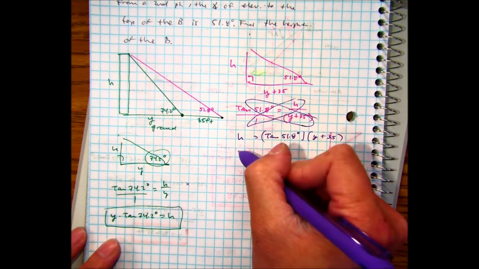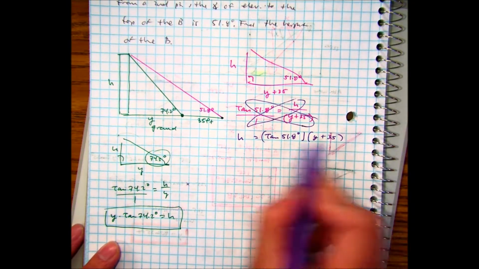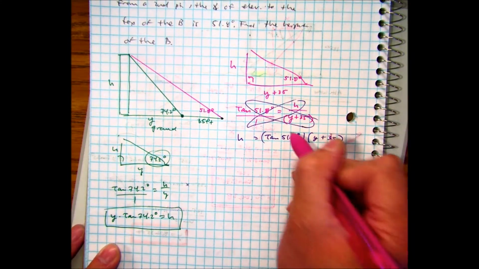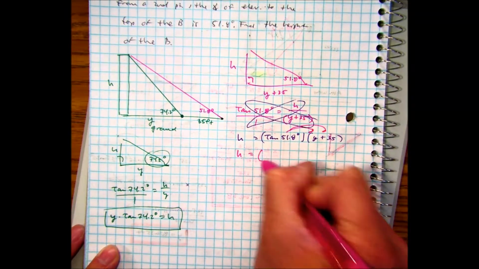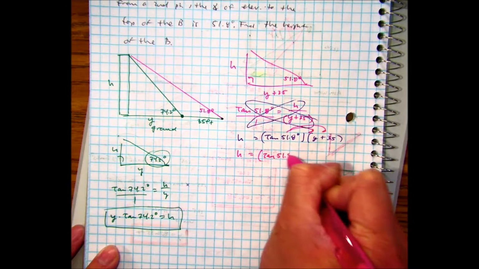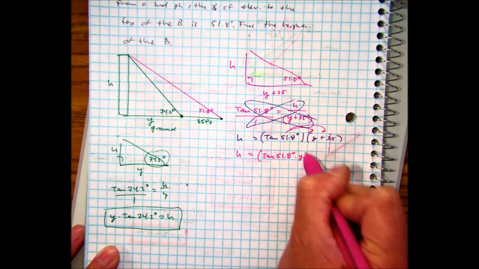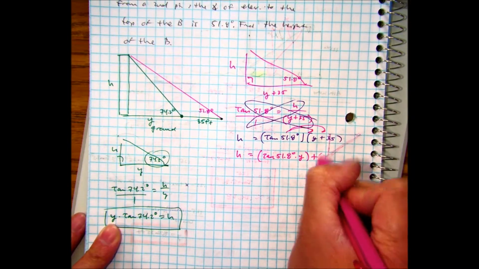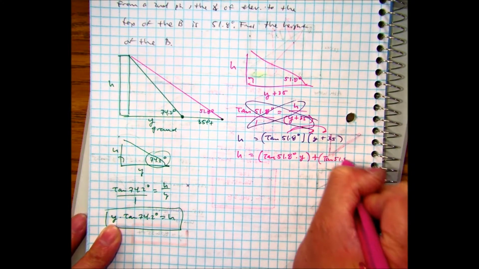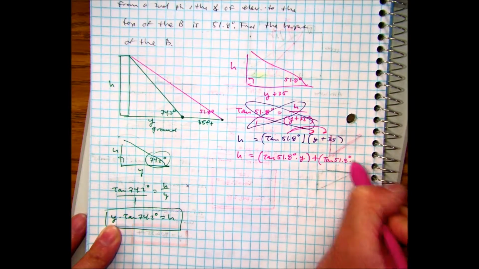I'm going to distribute here. So I get H equals tan 51.8 degrees times y plus tan 51.8 degrees times 35.